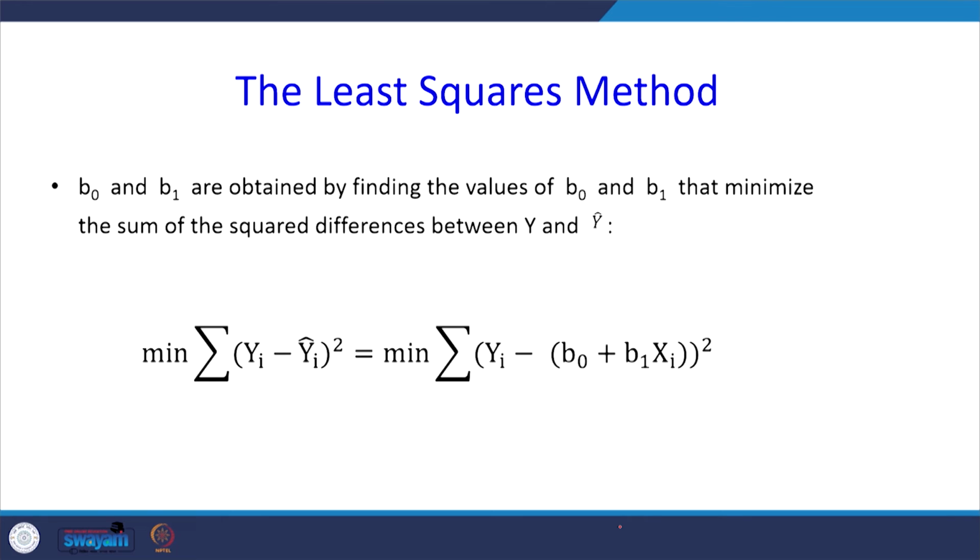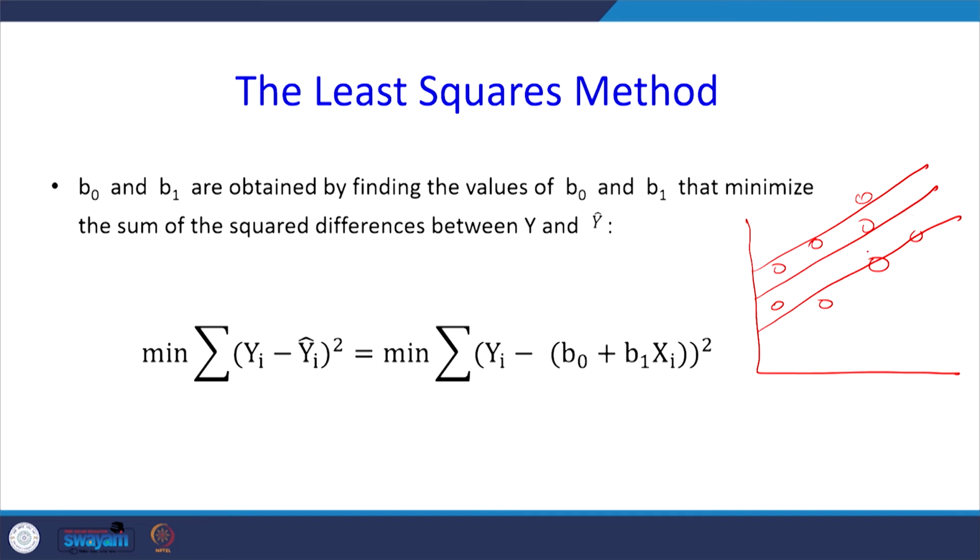The logic behind how we find this slope and the y intercept is that the sum of the squares of the error has to be minimized. For example, if I have data like this, there are different ways. I can draw a regression equation like this, like this, or like this also. But how do you know the best regression equation?